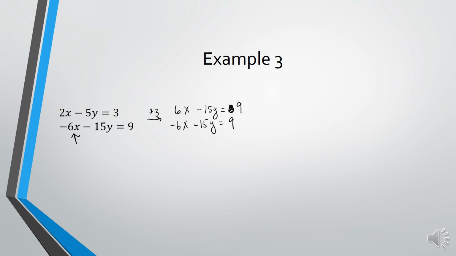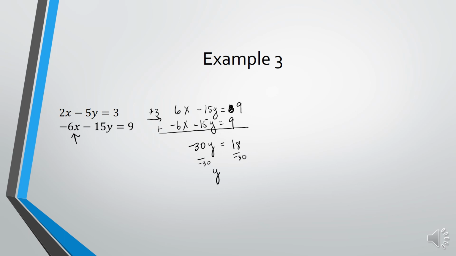And let's go ahead and add them together. So the 6x's go away. I am left with negative 30y equals 18. So I'll divide both sides by negative 30.